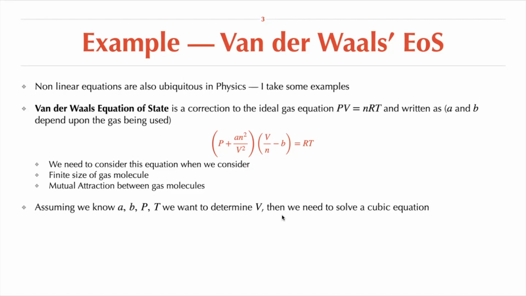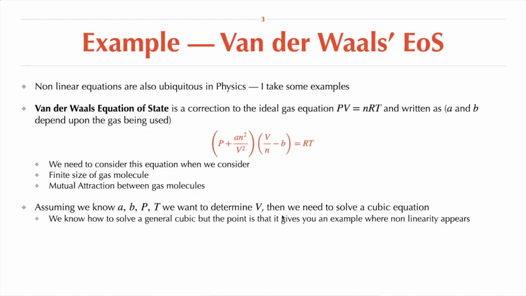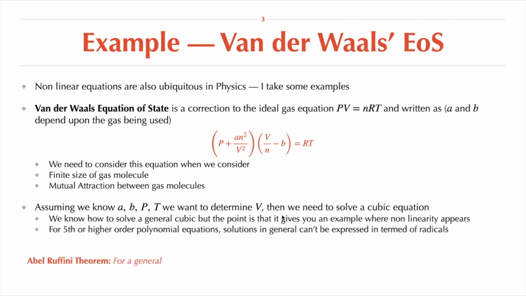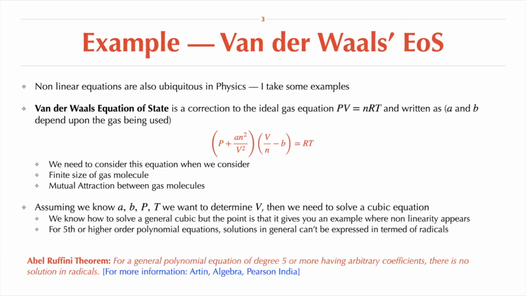In general, although we know how to solve a general cubic equation, it is a specific case of all the equations that we can solve using nonlinear methods. Maybe you also know about the Abel-Ruffini theorem, which says that for a general polynomial equation of degree 5 or more having arbitrary coefficients, there is no solution in radicals.